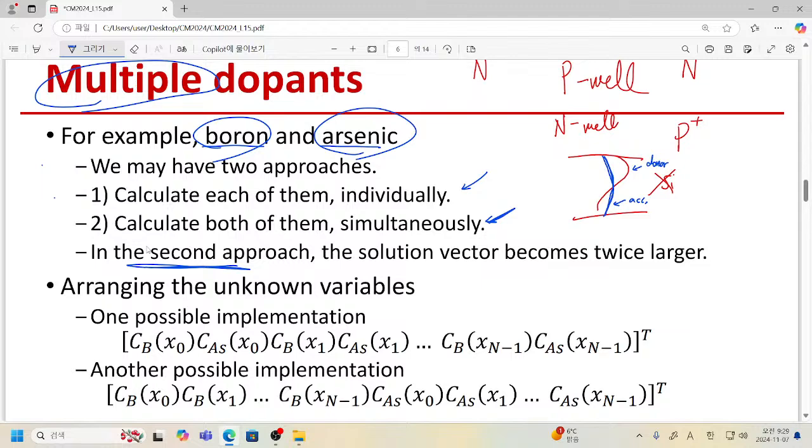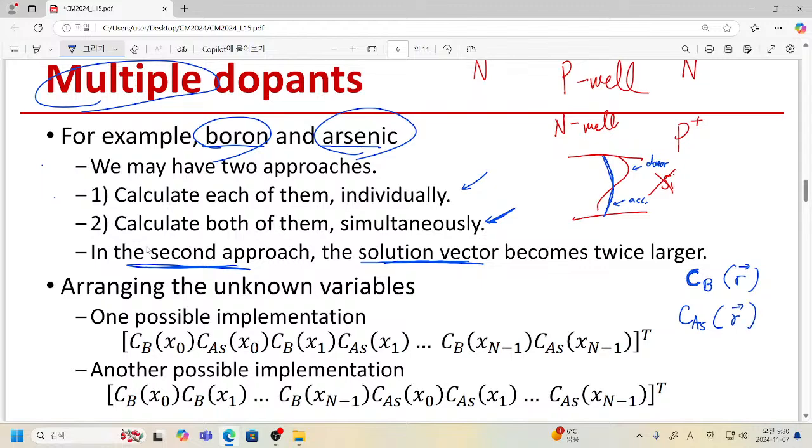In this case, our solution vector becomes twice larger. Previously our solution vector just contained C, which means the dopant density, but now let's say that we have boron and arsenic, then we have to include boron density at a certain position and, at the same time, arsenic density at the same position.